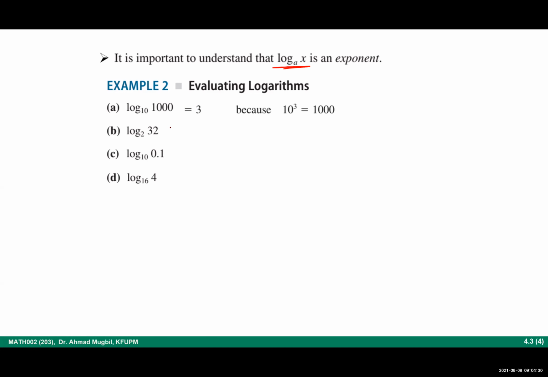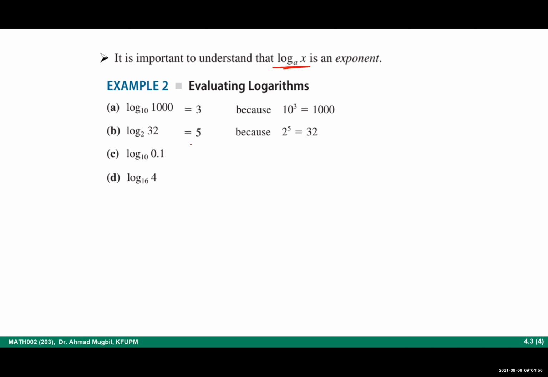Abdurrahman al-Marwani, what is log 10 of 0.1? Yes, doctor, I'm here. If you know, if you don't know, it's okay. No, I know. It's -1. Why? Because 10 to the power negative 1 is 0.1. You are right. Excellent, Abdurrahman.